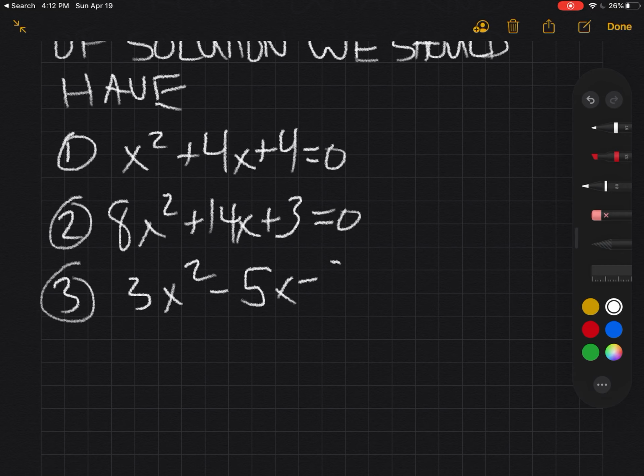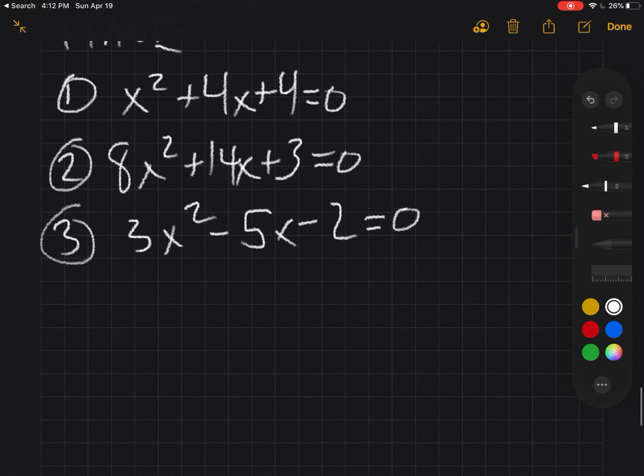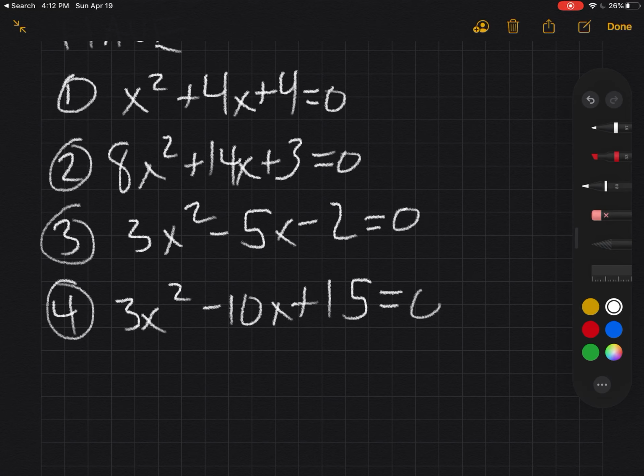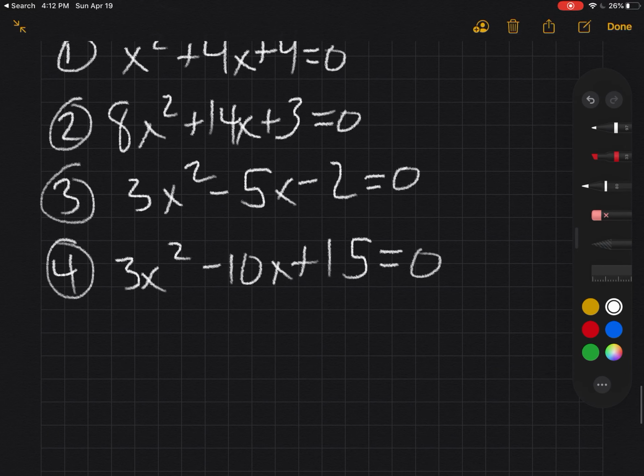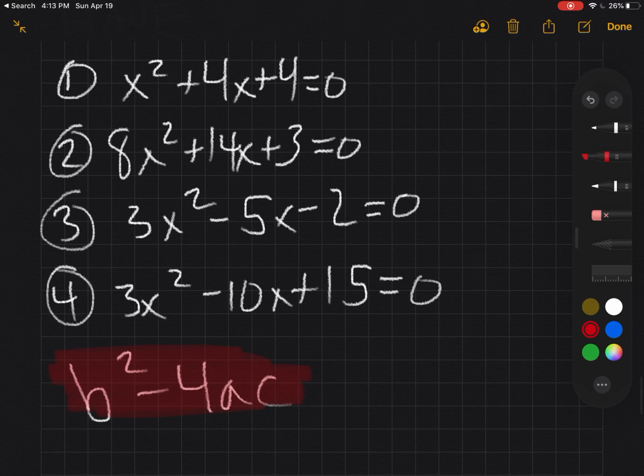So we're going to do x squared plus 4x plus 4 equals 0. We're going to do 8x squared plus 14x plus 3 is equal to 0. We're going to do 3x squared minus 5x minus 2 is equal to 0.